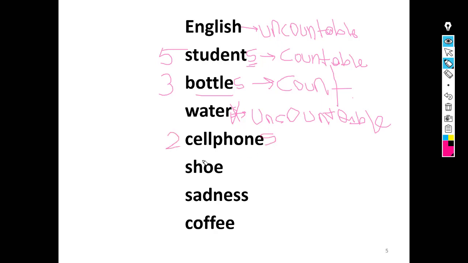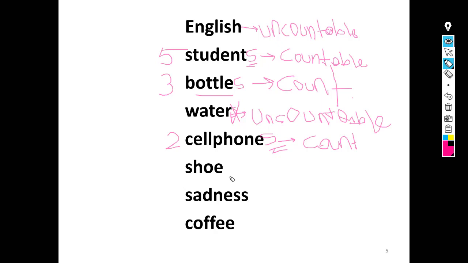Yes, of course, we can count. I've got 2 cell phones. She has got 3 cell phones, but I think she is not a lucky person. Okay, this is countable. If we have more than 1 cell phone, I have to add S here. Don't forget, it is so important.